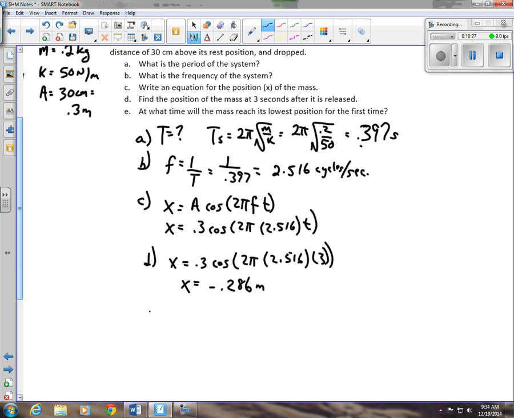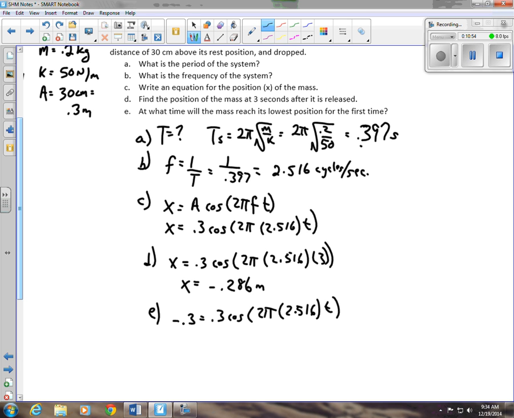And then the last part, E. What time will it reach its lowest position? There's a couple ways to do this. I'll do it the long way first, and I'll show you how to do the shortcut. If its highest position is at plus 0.3, its lowest position is going to be minus 0.3. So I have to do minus 0.3 equals 0.3 cosine of 2 pi times 2.516 times t.